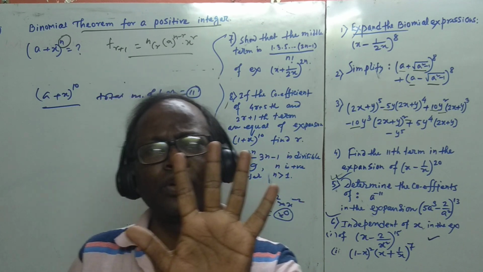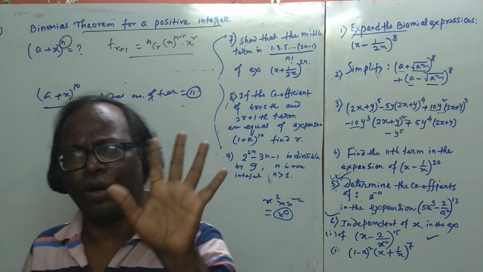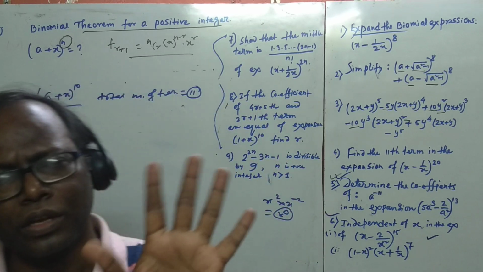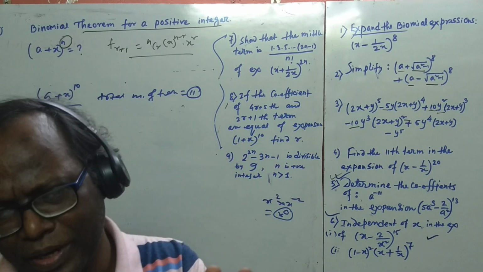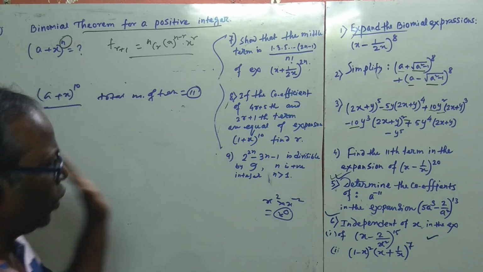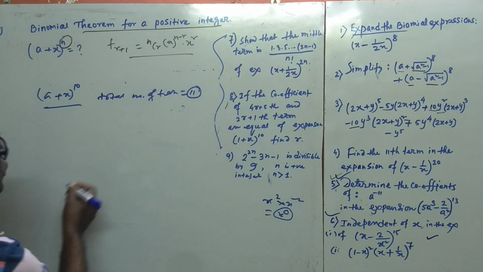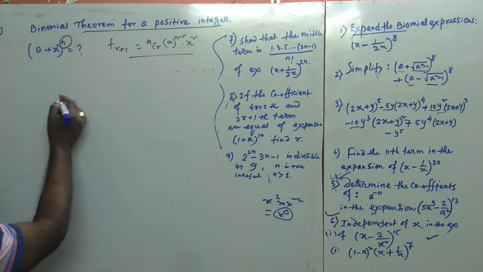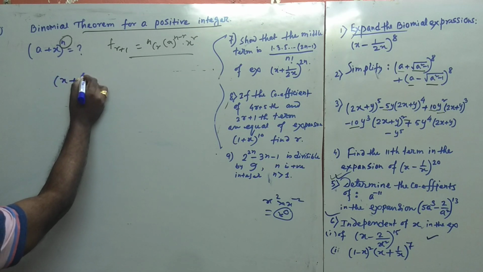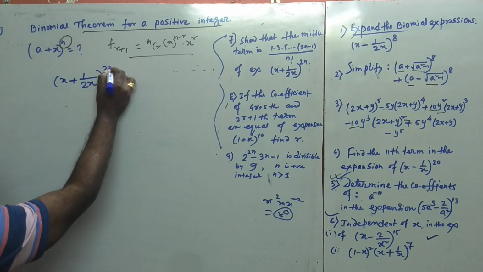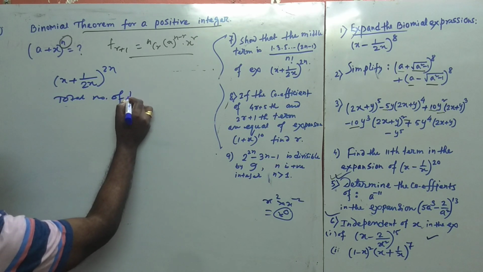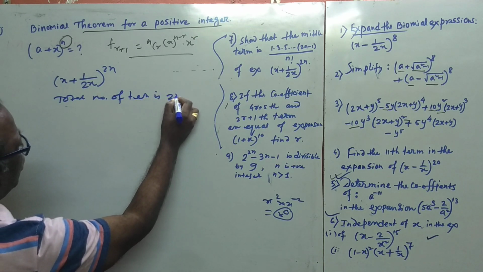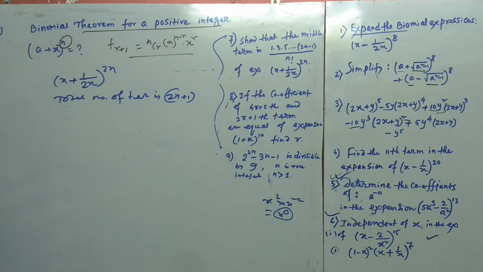How could we find this? So if the number of terms is odd, we always add the number 1 to the odd number, that is 5 plus 1 by 2, that is 6 by 2, that is third. So here the question: the expansion is x plus 1 by 2x to the power 2n. So the total number of terms is 2n plus 1, which is odd.